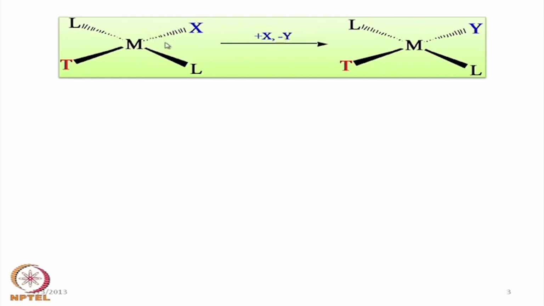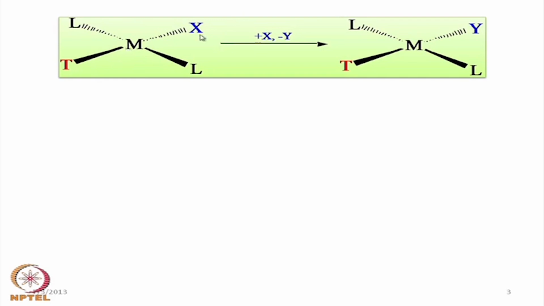If the system is stable without X and no solvent or water molecule is coming and binding to the fourth position, there can be some reorganization of the coordinating environment, and the bond angles go from 90 degrees to 120 degrees, that means we can have a trigonal environment after removal of X.